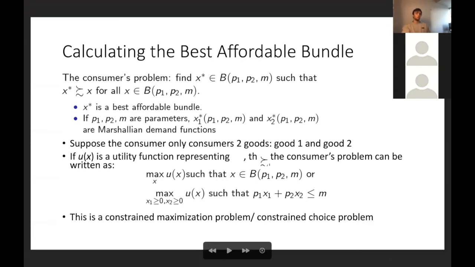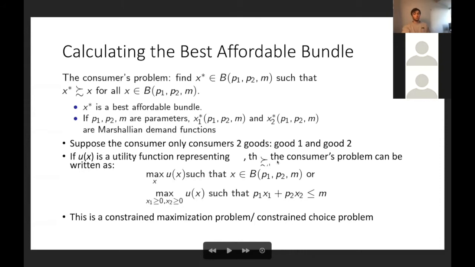So again, the consumer is only consuming good one and good two. We're going to look at the utility function representing the set that's at least as good as the consumer's problems. And again, for that, it's the same exact thing every time. We're just looking to maximize the utility for bundle X, such that X is an element of our feasible bundle set.